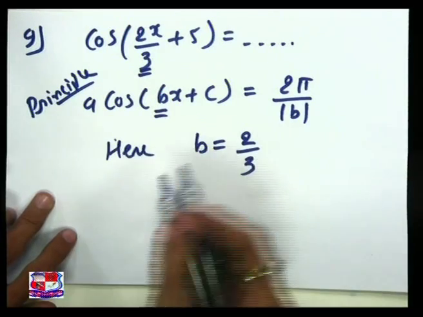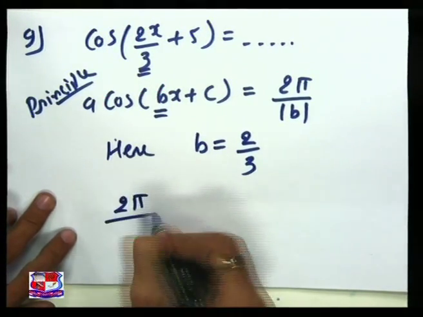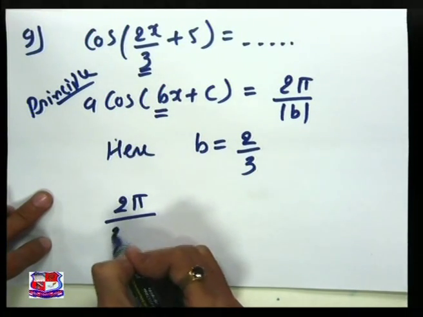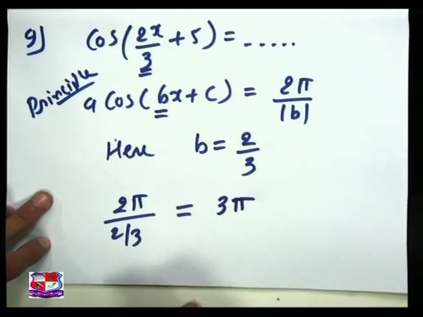So by this formula, the principal period is equal to 2 pi upon 2 by 3, that will be 3 pi.